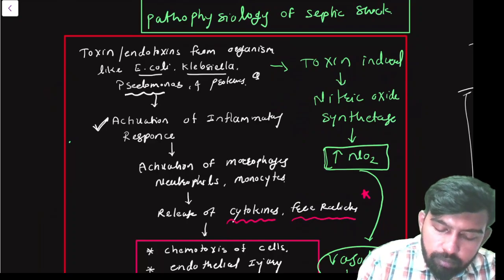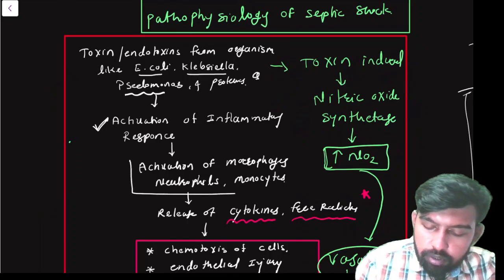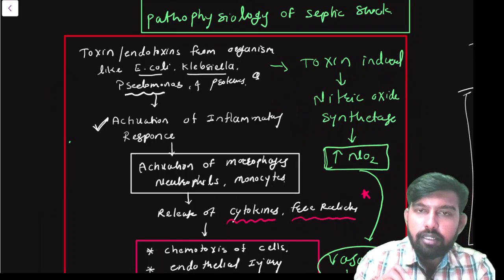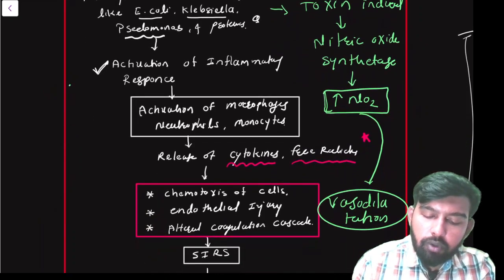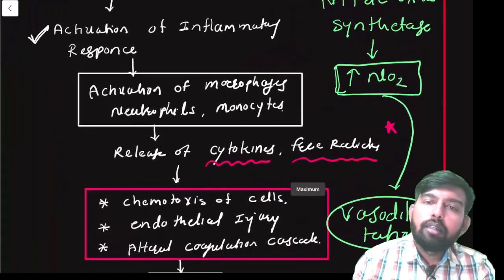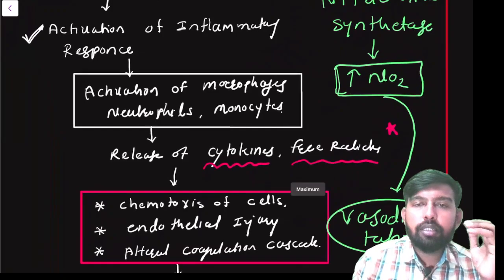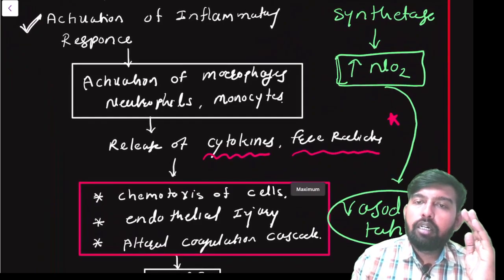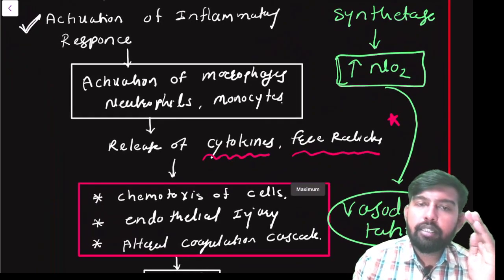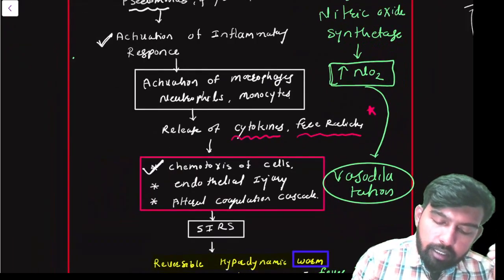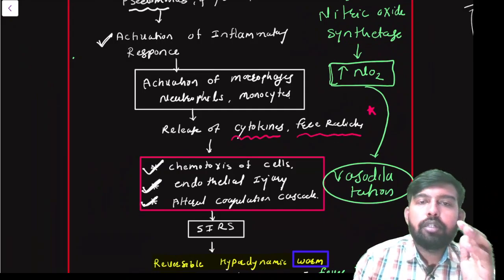The activation of the inflammatory response leads to the activation of macrophages, neutrophils and monocytes, which ultimately results in the release of a number of cytokines and free radicals. The free radicals and the cytokines will cause chemotaxis of the cells. There is endothelial injury and an alteration in the coagulation cascades.